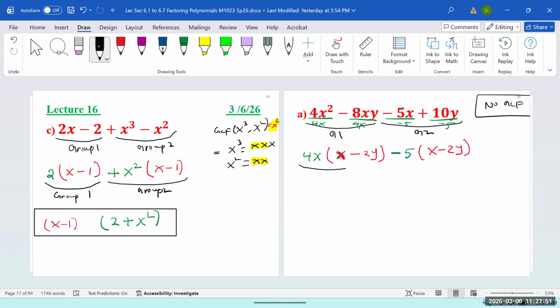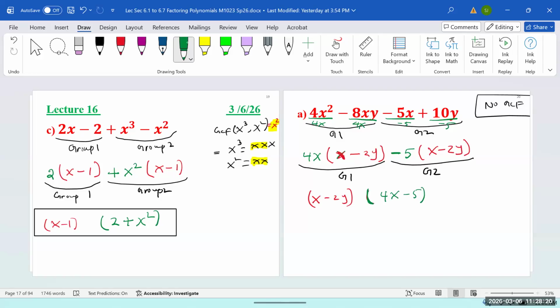So we still have our group 1 and group 2. Pattern. What do you see in both groups? So we factor out x minus 2y. Then what is left in the first group? 4x. And in the second group? Minus 5.